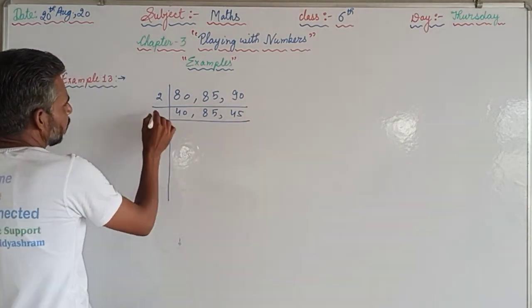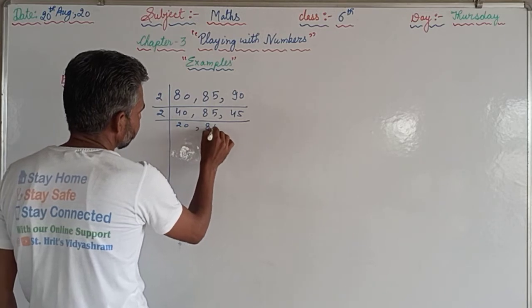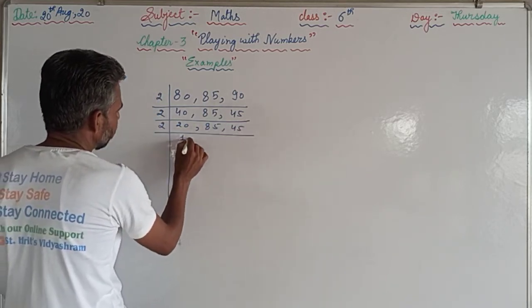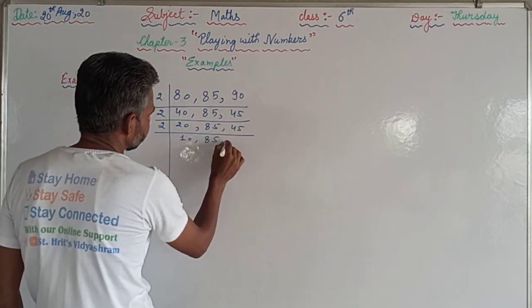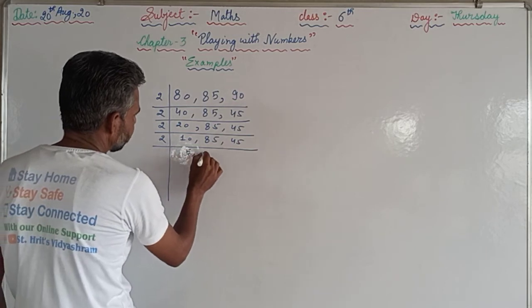Again 40 can be divided by 2, giving 20, again 2 gives 10, again 5 gives 2.